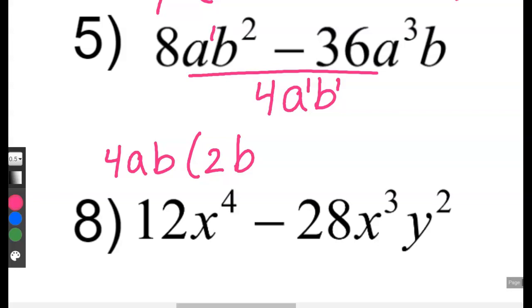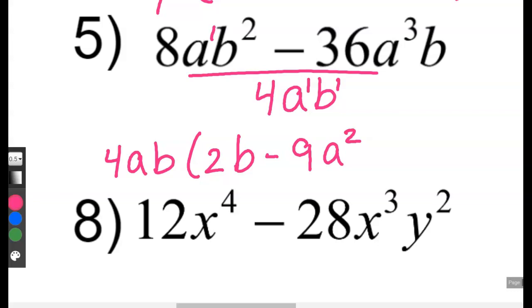And then what is negative 36a cubed times b divided by 4ab? Negative what? Yes, so negative 9, then a cubed divided by a is just a squared, right? 3 minus 1 is 2, so I have a squared.